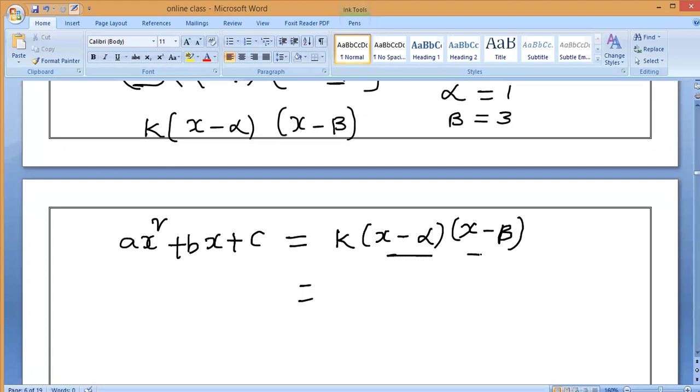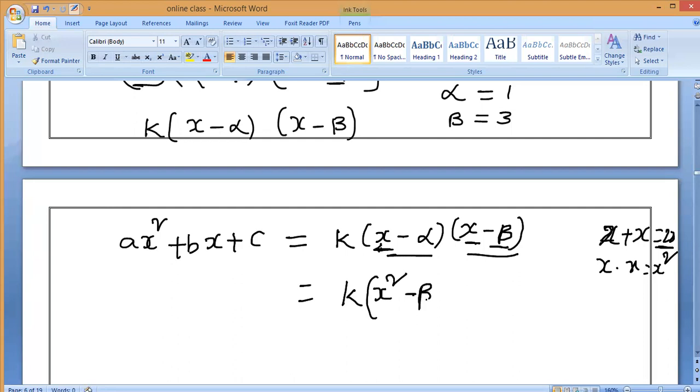Multiply these two terms. k into x. x into x is x square. x into minus beta is minus beta x.